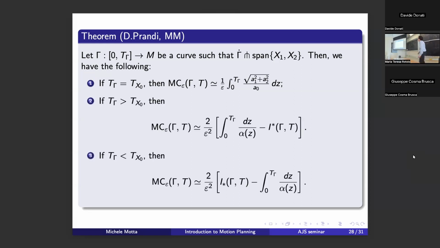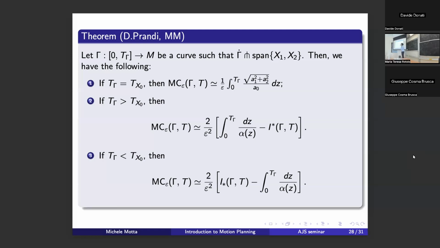And instead, if the quantity we introduced before is less, so if you have to go also forward with respect to where you arrive without controlling the system, you have to push your system a bit, but less than what you would do if there is no drift. So these two are two constants that I will specify after, what they are precisely.